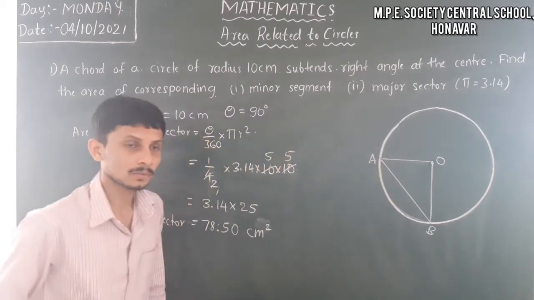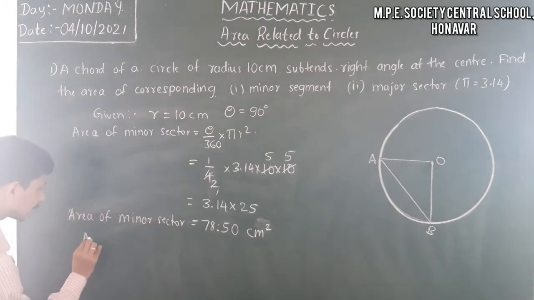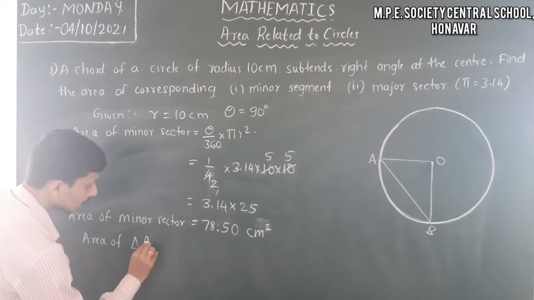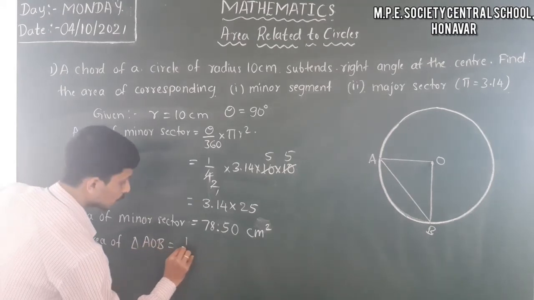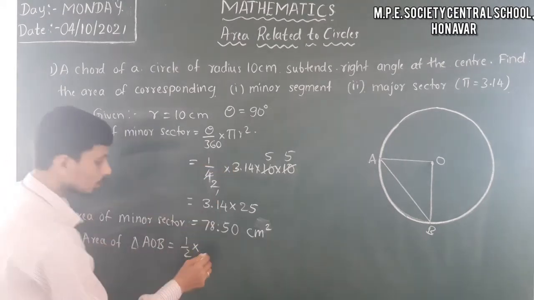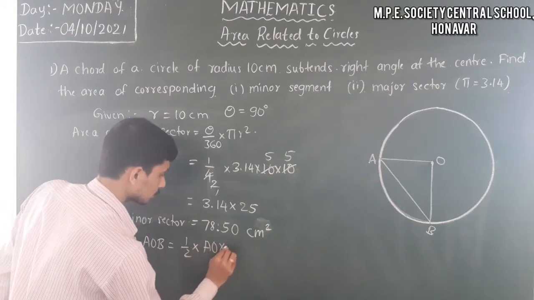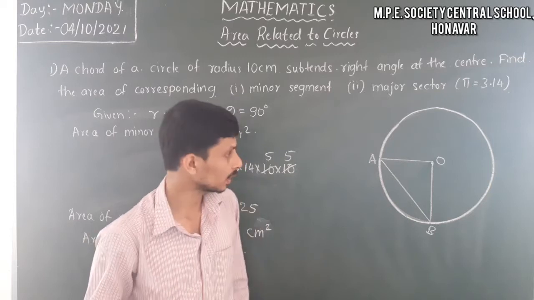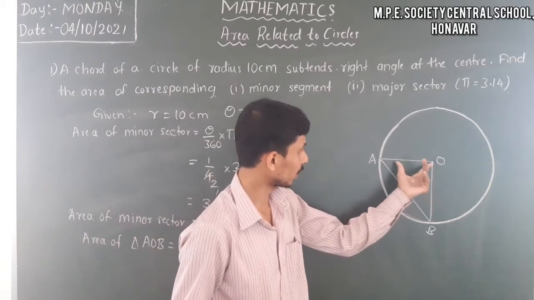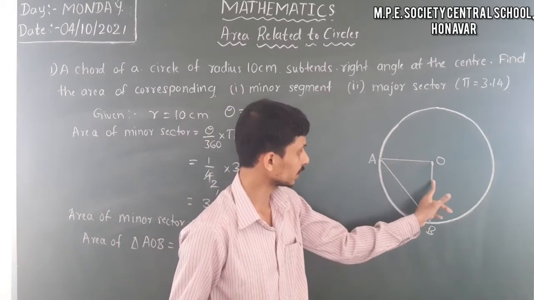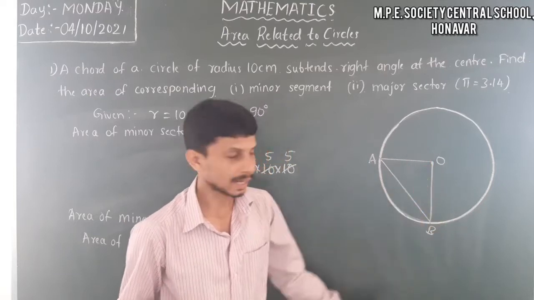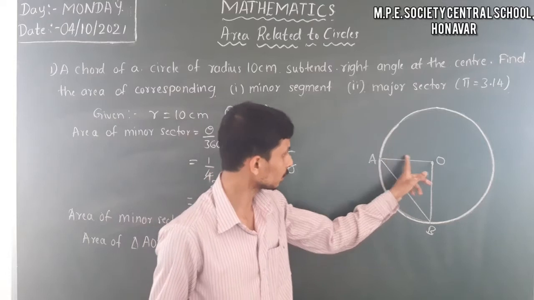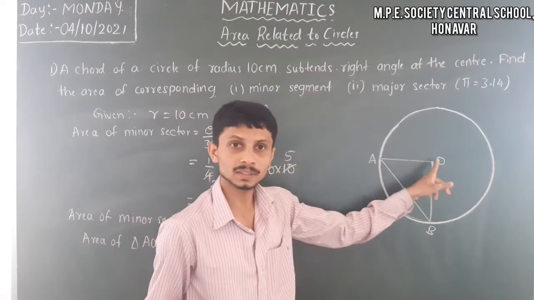Using the formula, area of triangle AOB is equal to 1 by 2 into AO into OB. You already know this for triangles: one side is the base, another is the height, and this is the hypotenuse. The hypotenuse is not a base. So we consider one as the base and one as the height.